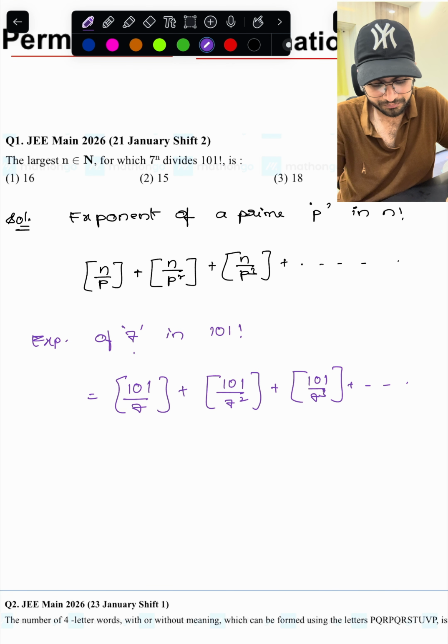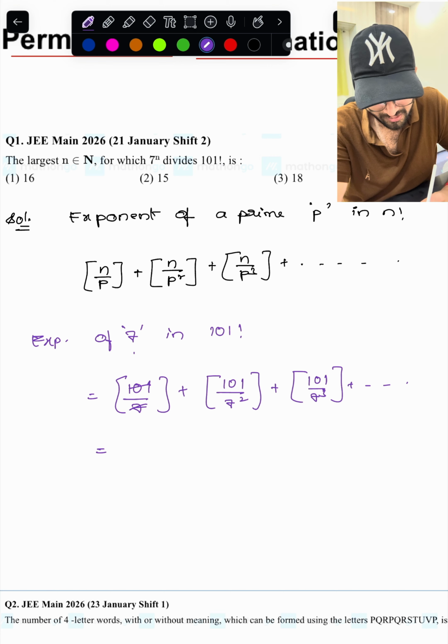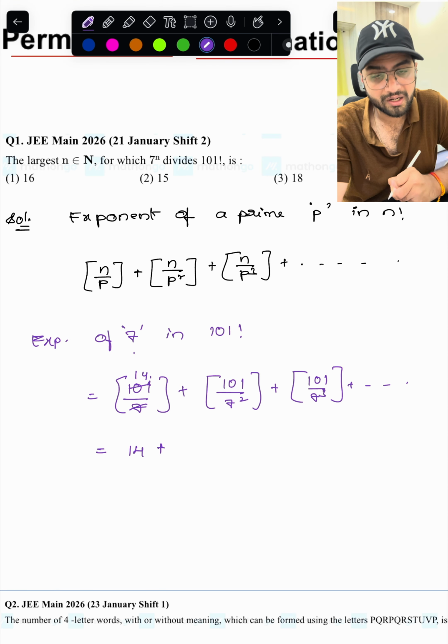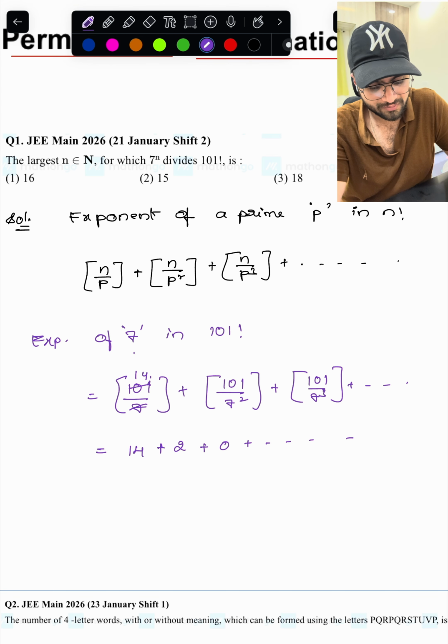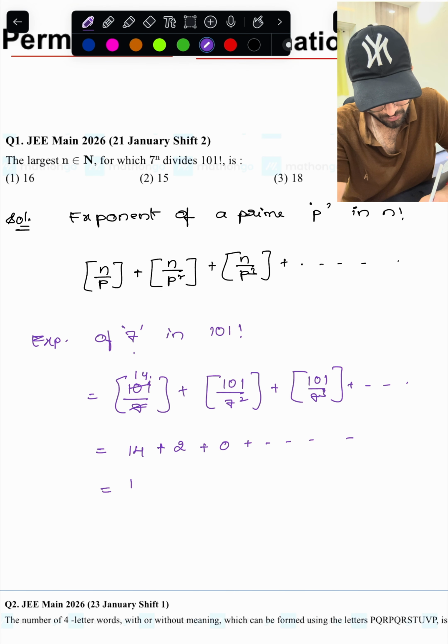So 101 by 7 is 14 point something, so box of 14 point something is 14. Plus, 101 by 7 square means 101 by 49, which is 2 point something, so the box value is 2. Then from here onwards you will get zeros. So the exponent of 7 in 101 factorial is 16.